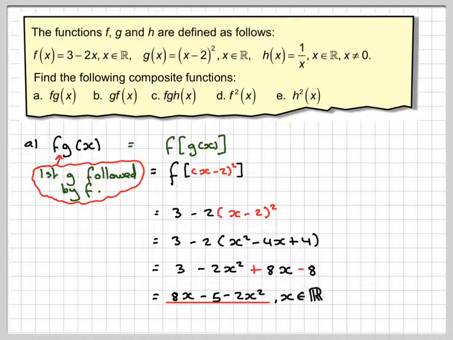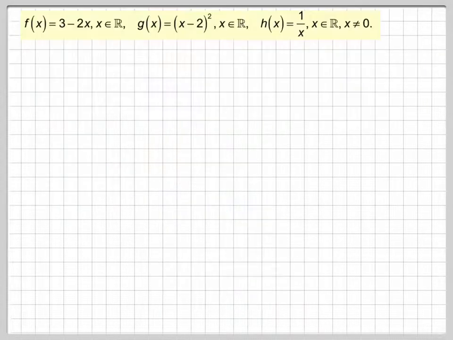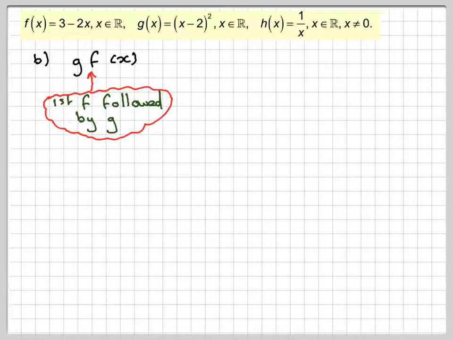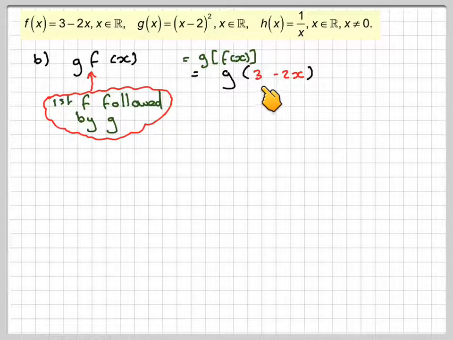Right, next one, also defining its domain, x belonging to the set of real numbers. Now we're going to do g of f of x. That means first f followed by g. So we do g of 3 minus 2x, because that's what f of x is. Everywhere there is an x in g, we now replace it with 3 minus 2x.